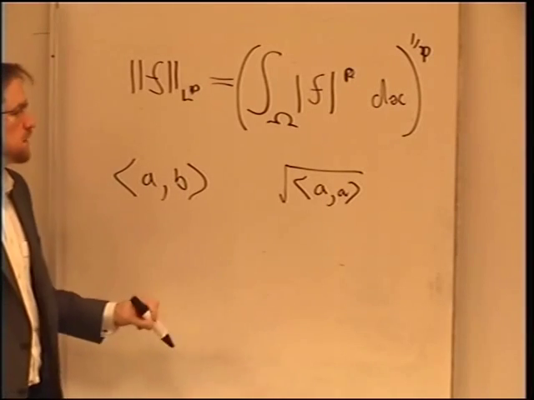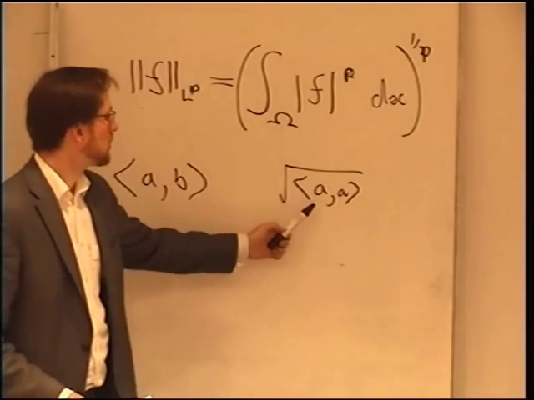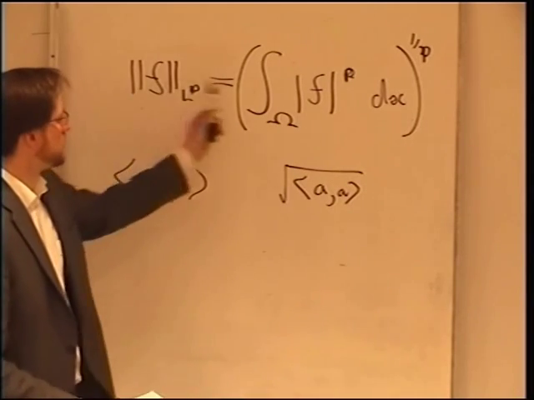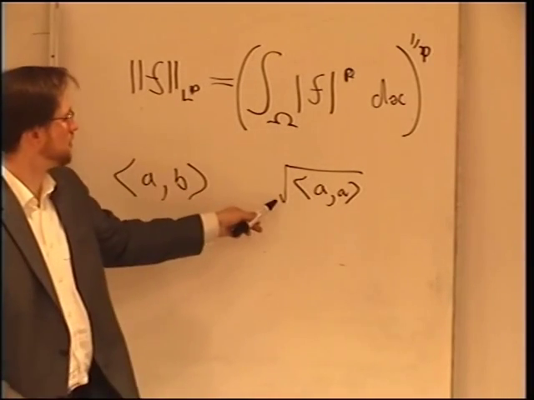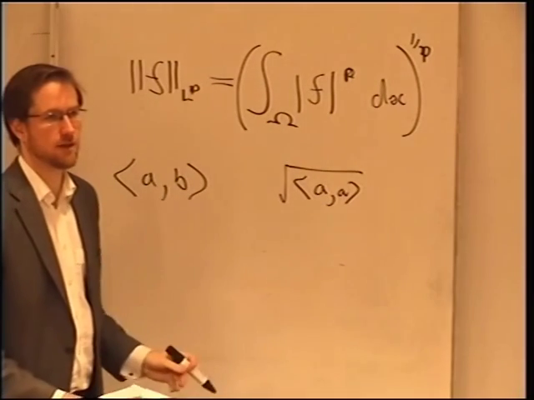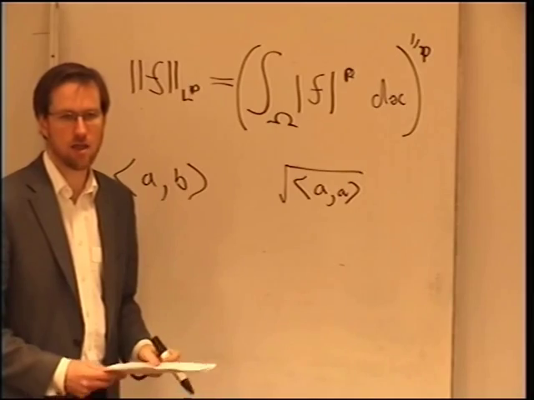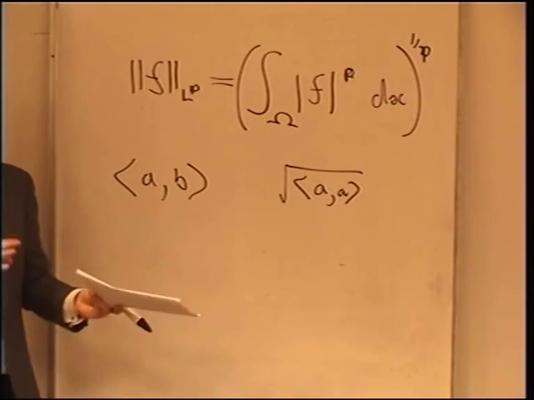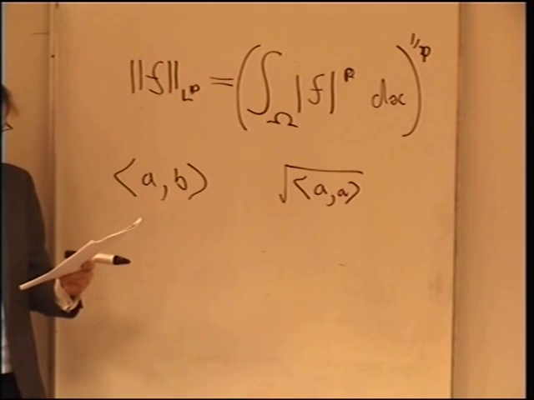So L2 is a norm induced by the L2 inner product. That's unique here. It is important that that's a square root and there's 1 over P. There's not really a sense in which the other norms in this space come from inner products. So that's one of the reasons why the L2 one is the one that turns up an awful lot.